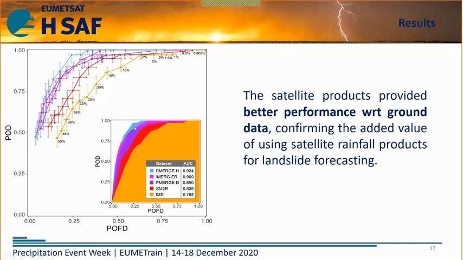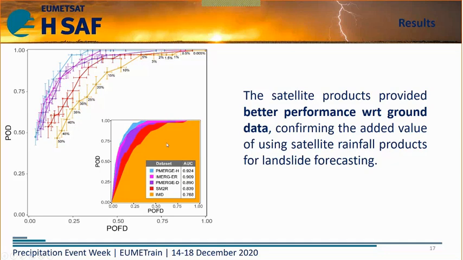And we can see that the integrated product emerges. Here you can see the light blue area is the closest to the perfect classification point. So basically, we can see that all the satellite rainfall products perform better with respect to the gauge-based product, which is represented by this yellow area here.